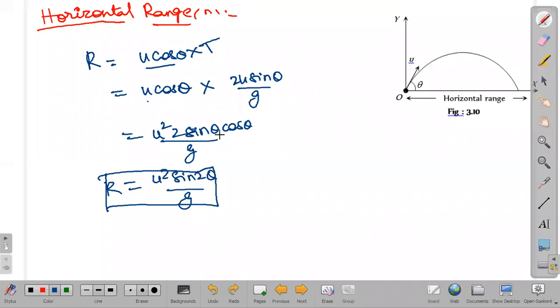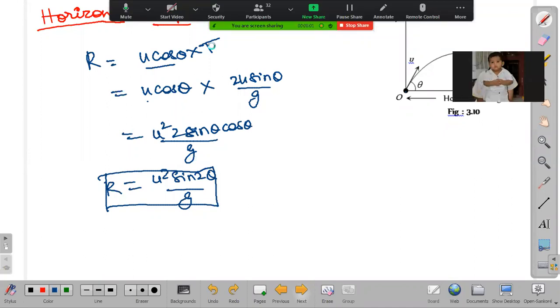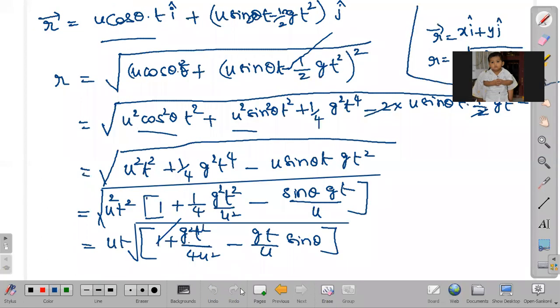Now if we want to express the same thing a little differently, I'll make small changes in it. So again, the same derivation I am going to write. R equals what we got, u cos theta into t. So the same u cos theta into t I am writing over here. Just hold on.